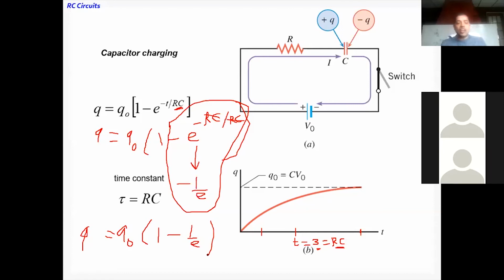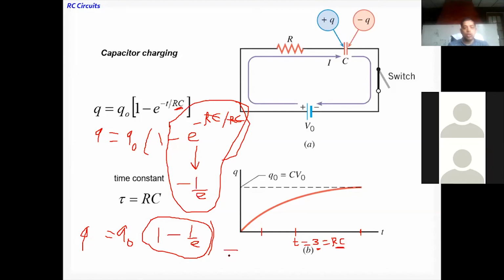Guys, what is this here? 1 minus 1 over e. This thing is constant. Do you guys have a calculator? Can you calculate 1 minus 1 over e? How much do you get? 0.63.